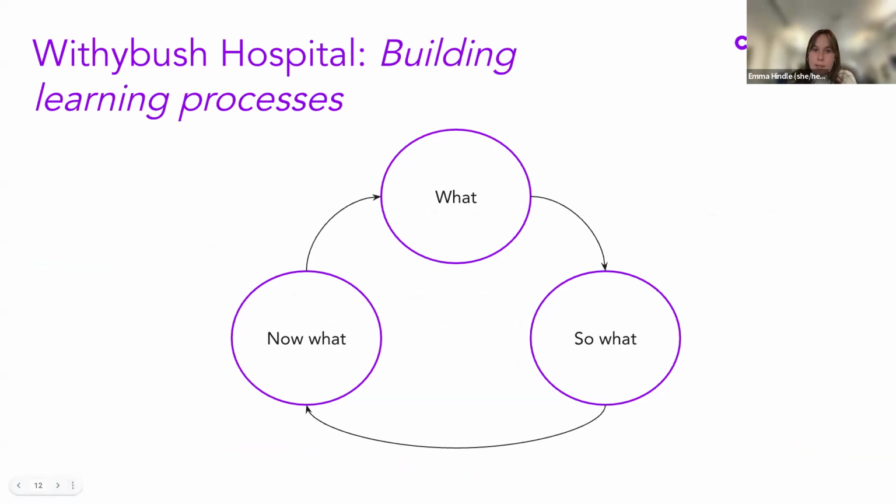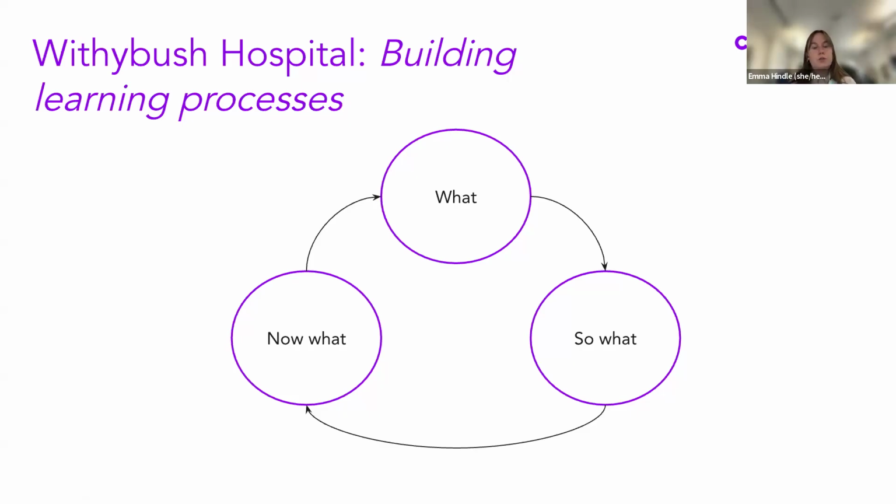And then the last example I wanted to touch on is more about the ways we've built learning processes in places. So in this project, we supported Withybush Hospital, which is in Pembrokeshire in Wales, to improve their learning processes.